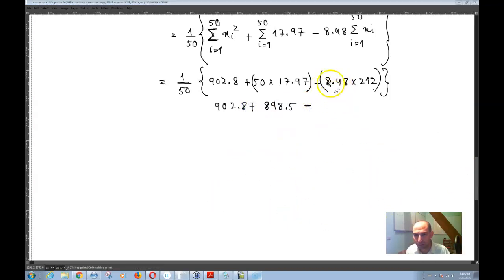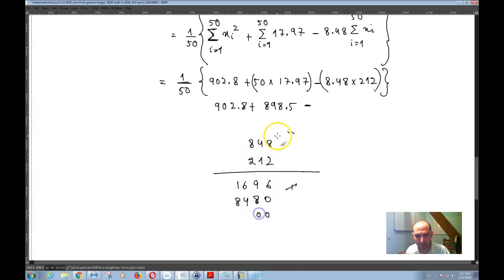and over here you have 8.48, or 848 with 2 decimal places, times 212, which is equal to 179,776. Working through the carries, you have a 6, you have 17, and 12 plus 5 is equal to 17.